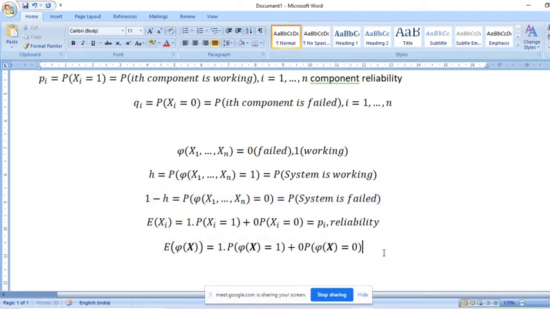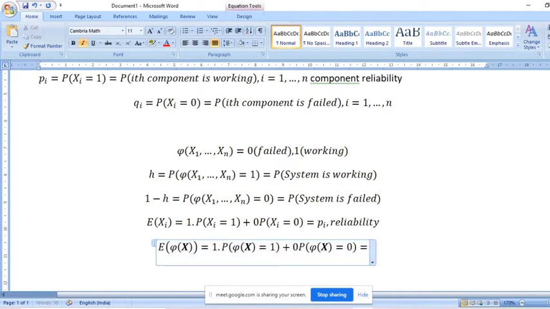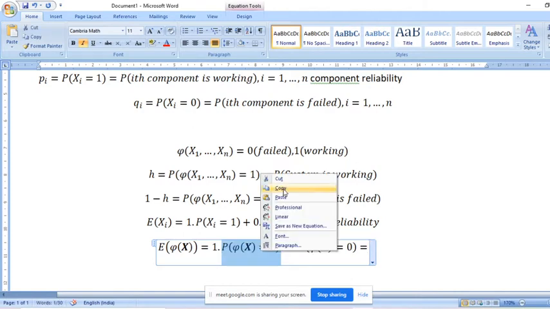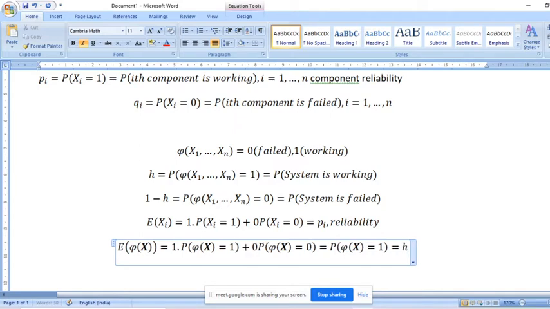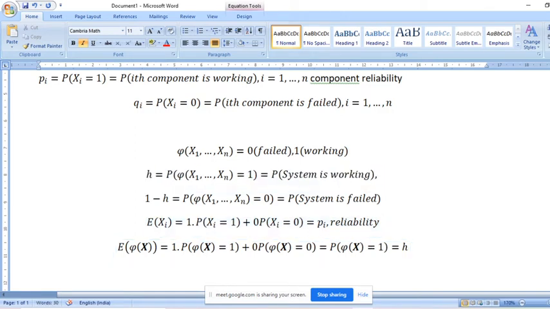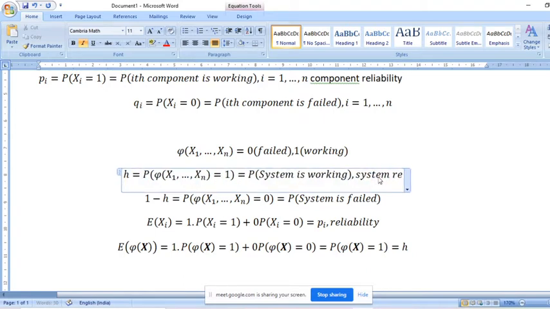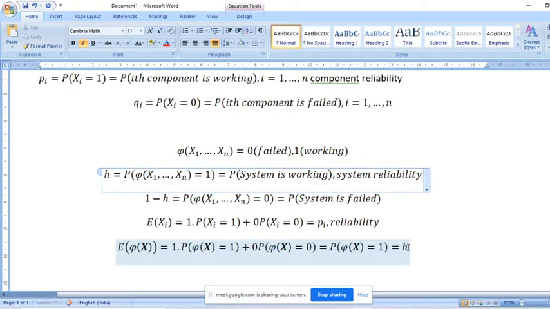Now we simplify once again. The value is just this term only, and the other term goes to 0. This is exactly h, what we have written in the previous step. So the expectation of phi of x is equal to h. This is the reliability, so this h is known as the system reliability, that means the probability that the system is working.